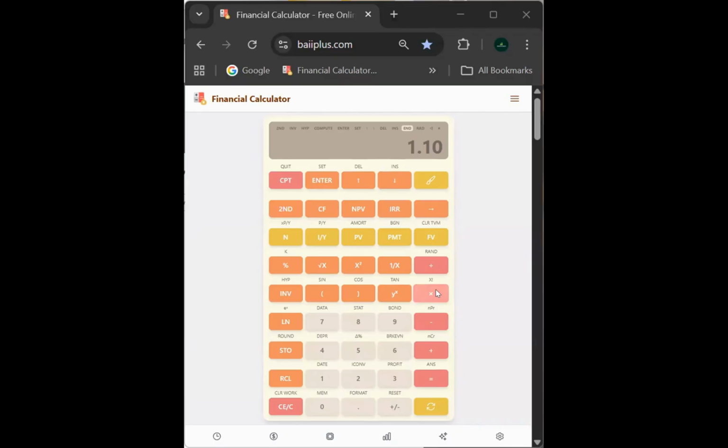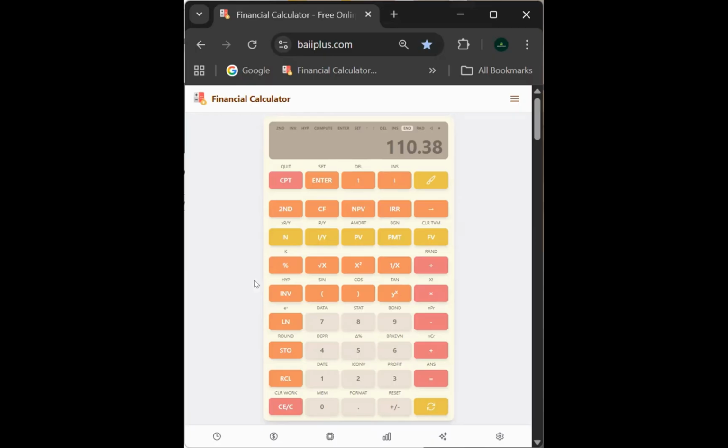Now, if I multiply this with 100, which is my principal, this is going to give me 110.38. So at the end of the first year, I'm going to get 110.38. This 0.38 is the interest on interest.